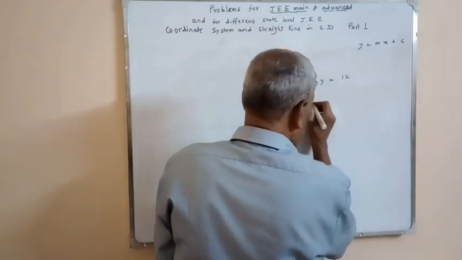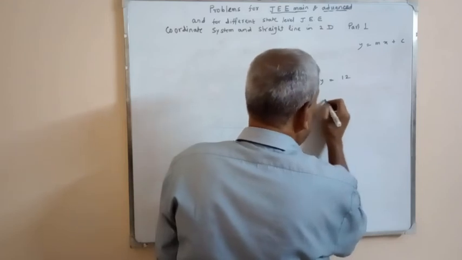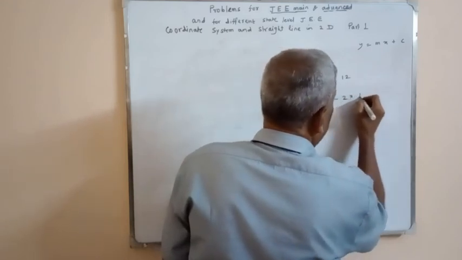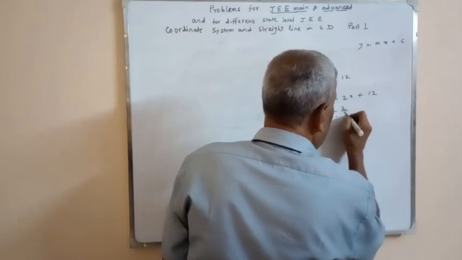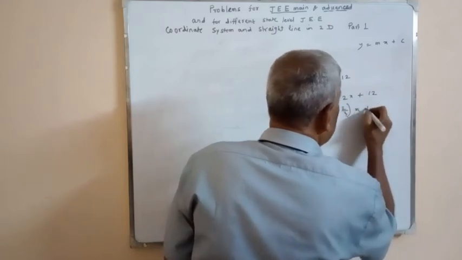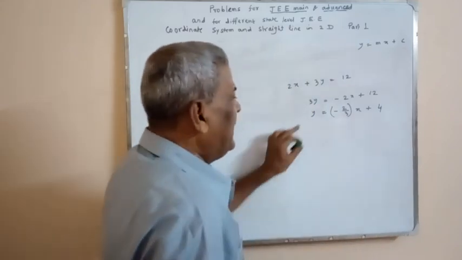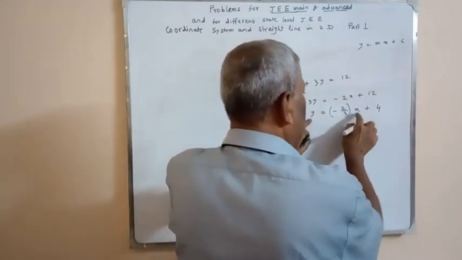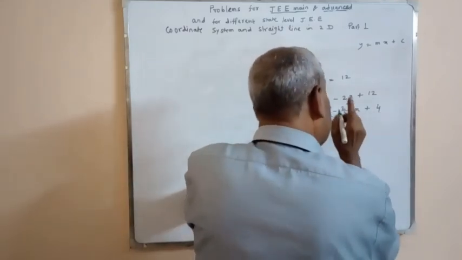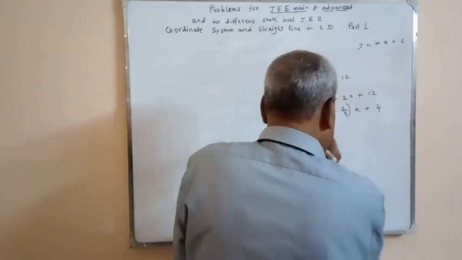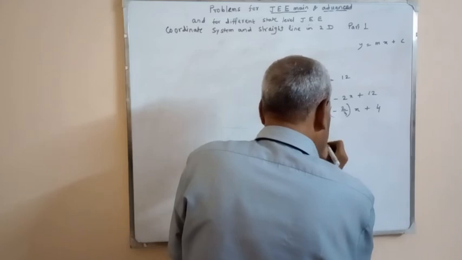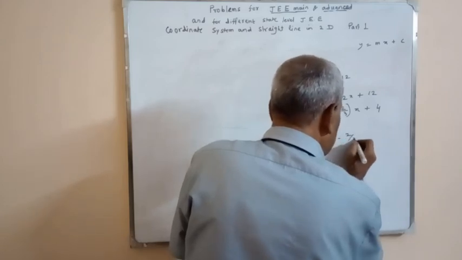So 3y is equal to minus 2x plus 12. So y is equal to minus 2 by 3 into x plus 4. It means y is equal to mx plus c. So gradient of the straight line is minus 2 by 3. That is tan theta is equal to minus 2 by 3.